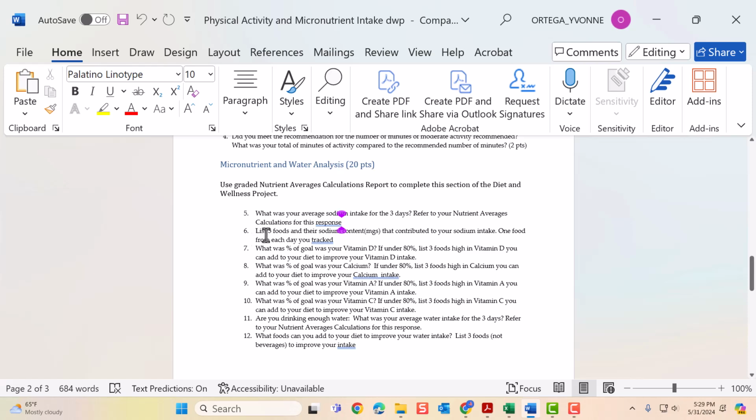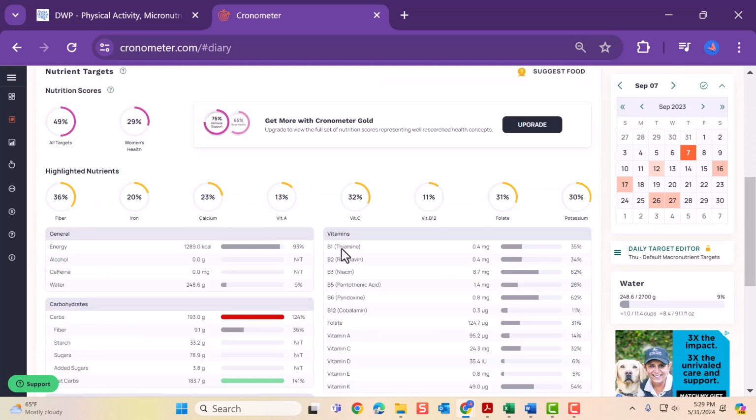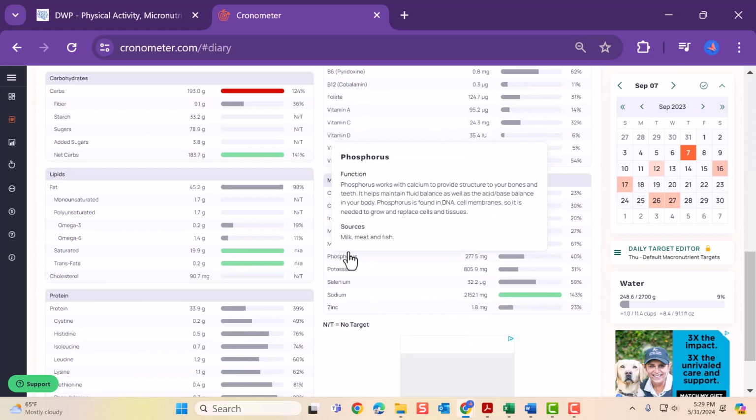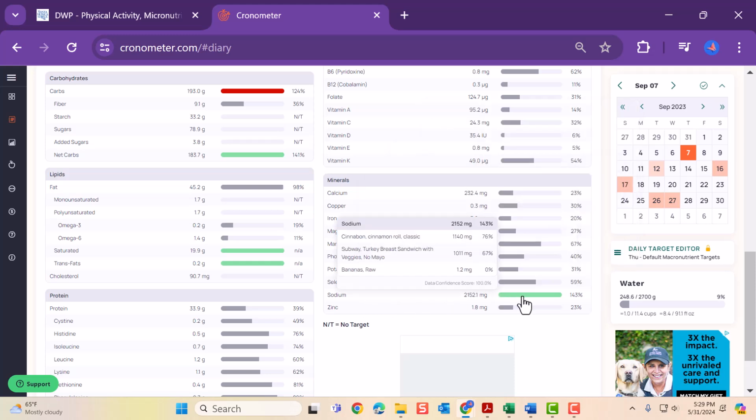And then it asks, list 3 foods and their sodium content that contributed to your sodium intake. 1 food from each day you tracked. Remember in Chronometer, your food diaries are going to have foods when you hover over the nutrient. So here I can go to the first day and I see a Cinnabon and it provided 1,140 milligrams.